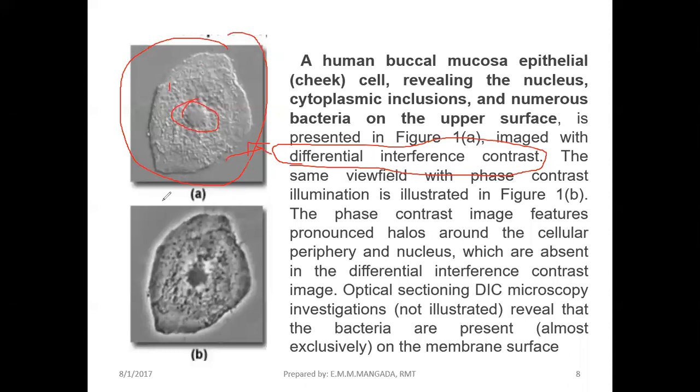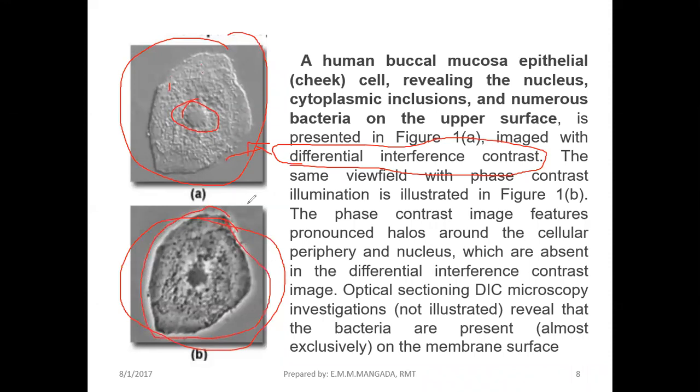So guys, this is the advantage of our differential interference contrast, as mentioned a while ago. It helps in assessing the surface of the cell. While this one is under your phase contrast or interference microscope, if you can see, it shows an image that has a pronounced halo. If you notice, it has a halo on the side, the white corners.